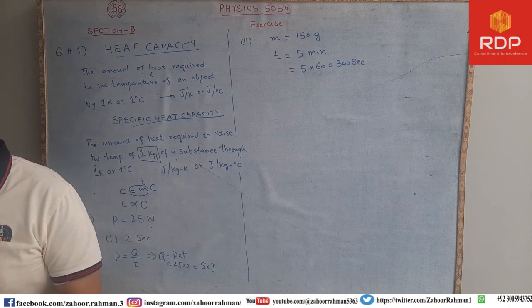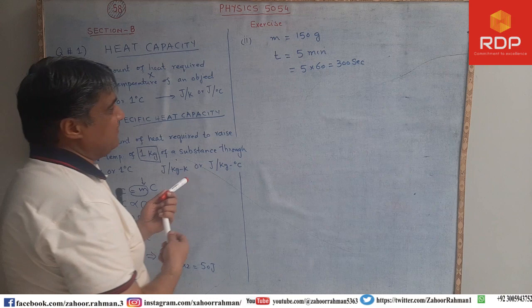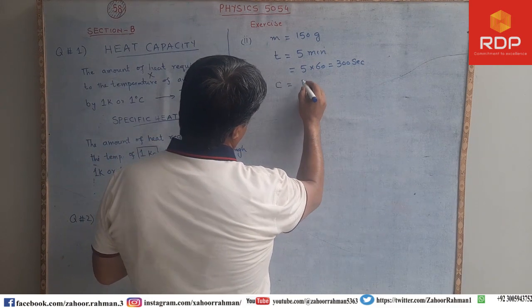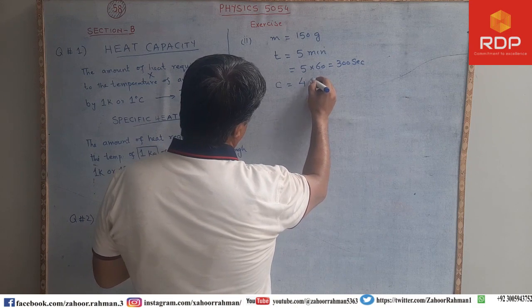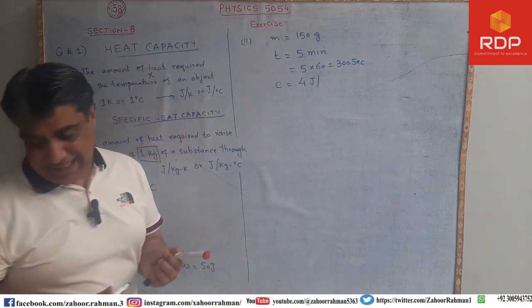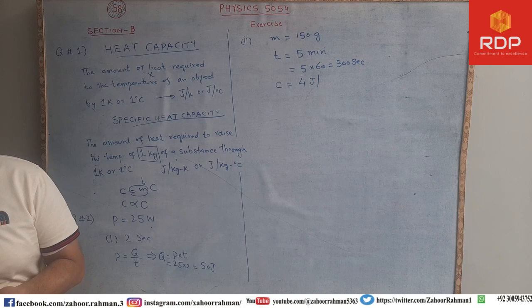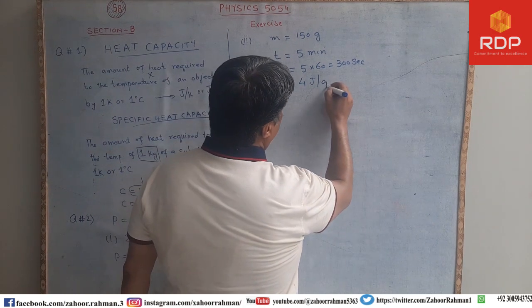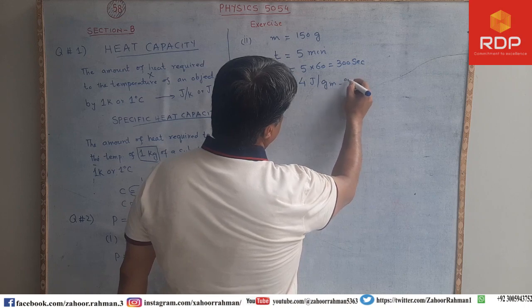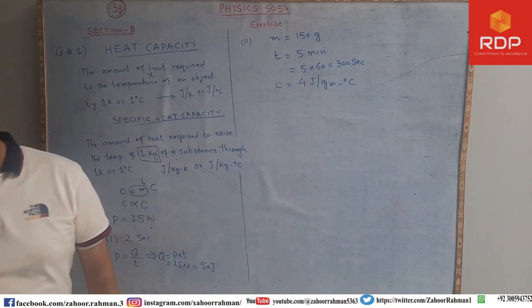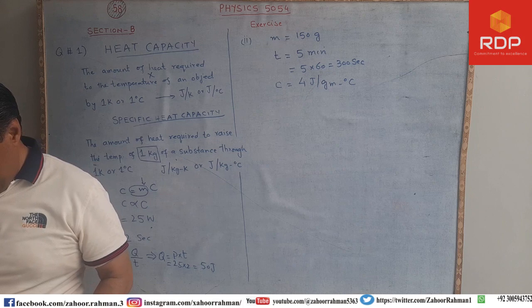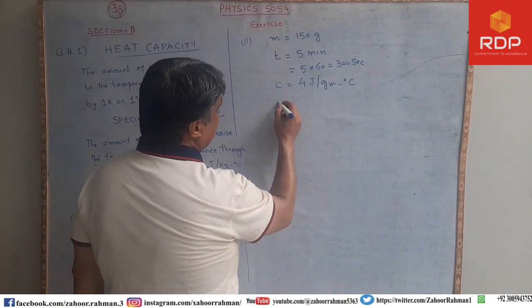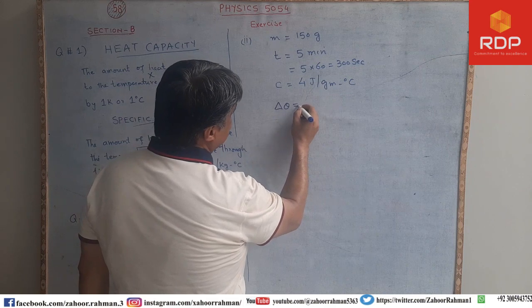And the specific heat capacity is 4 joule per gram per degree Celsius. They are asking us to find delta theta, the rise in temperature.